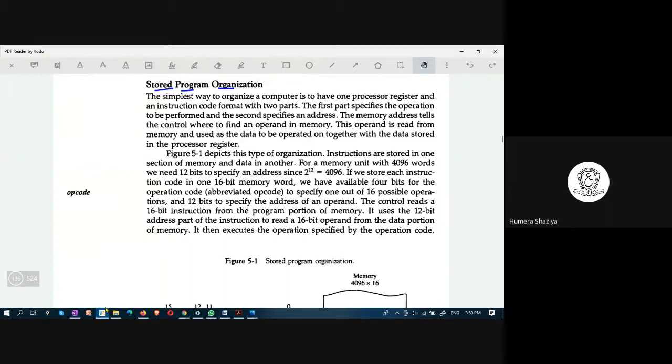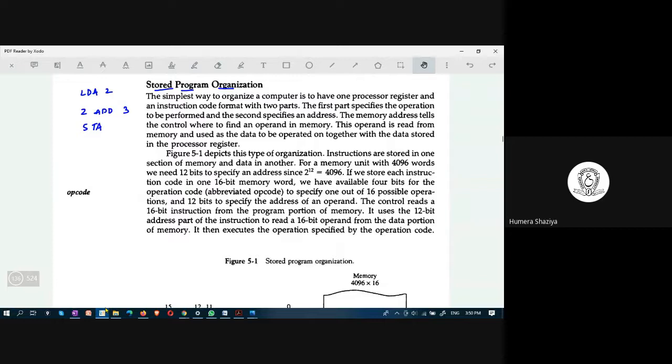Stored program organization. You are writing a program. To add 2 and 3, first you say load 2, add 3, and then store that result. This is one program in assembly language.